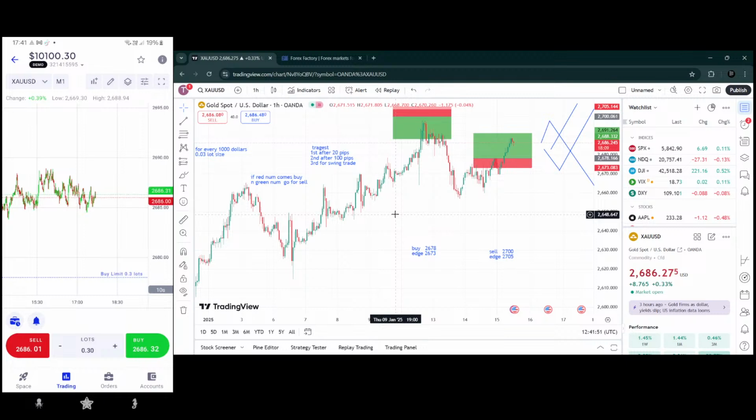After 40 minutes there are three big news coming out, and market will be volatile. So I'll put my entries on mobile also.